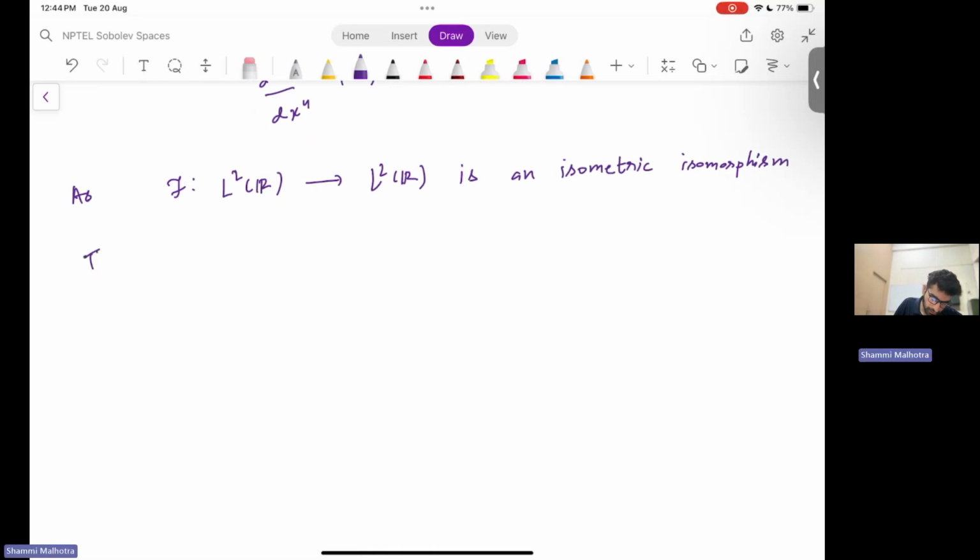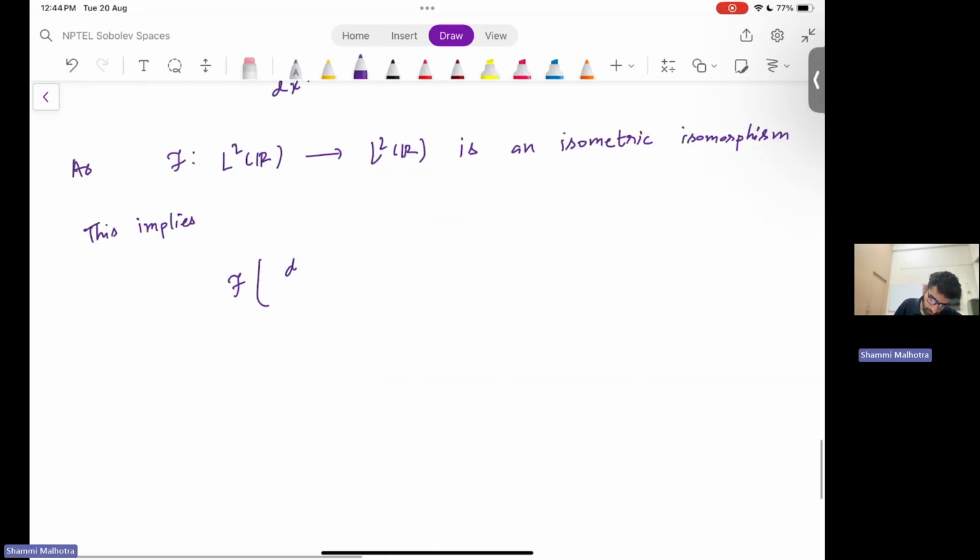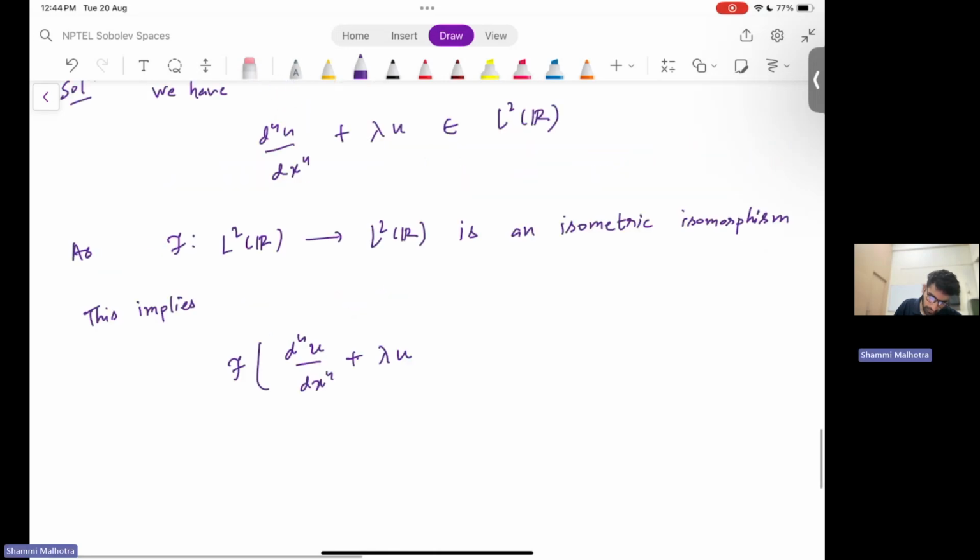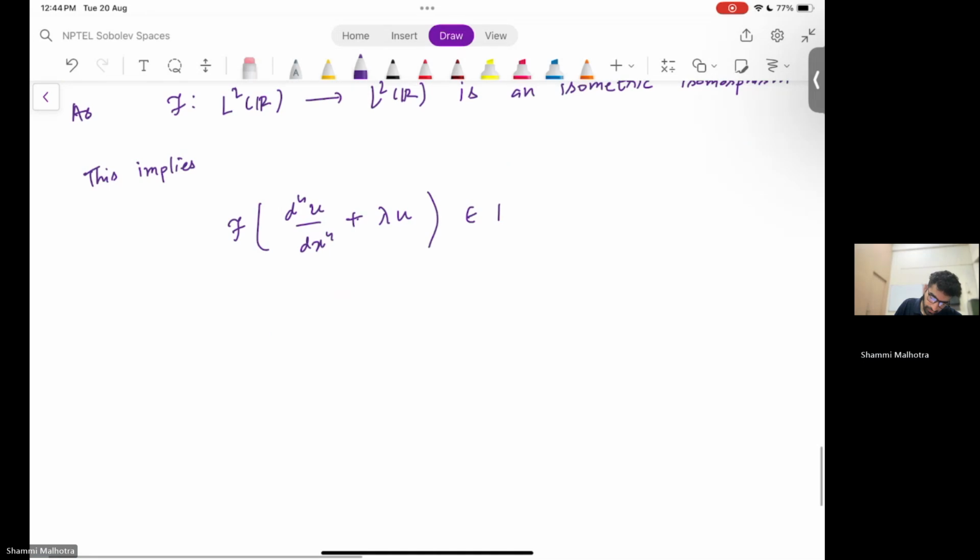This implies the Fourier transformation of d^4u/dx^4 plus lambda u is again in L2(R). But what exactly is this?